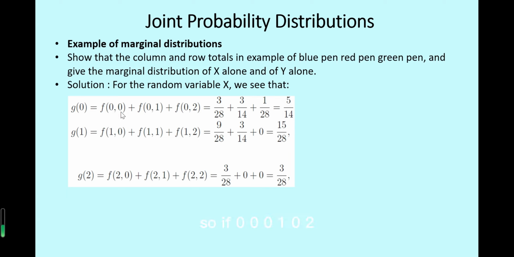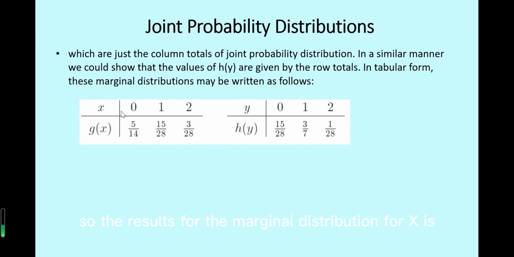So f(0,0) plus f(0,1) plus f(0,2) equals 5/14. For g(1), we can use a similar way, and g(2) also. So the result for the marginal distribution of X looks like this. And we can also calculate the marginal distribution for Y.